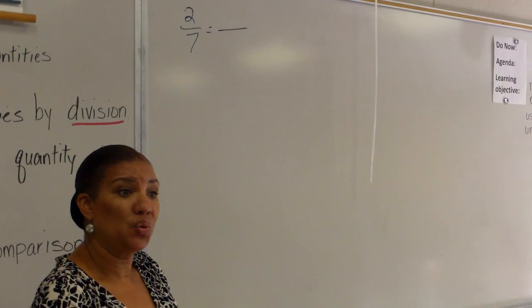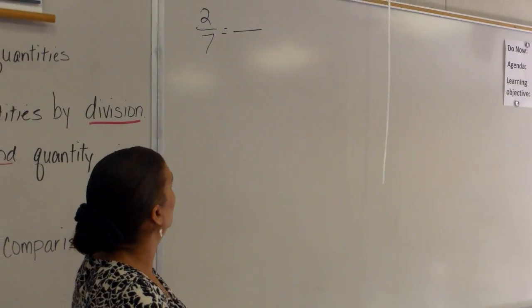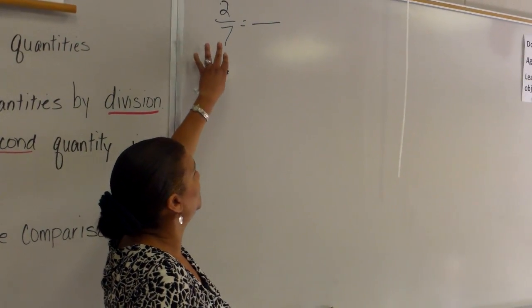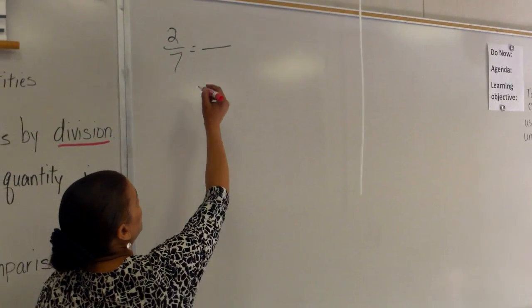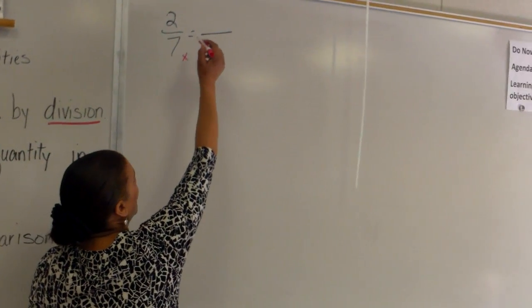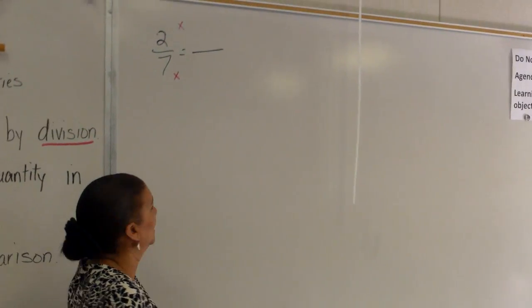That's how we find an equivalent ratio. So how do I do that? I want to find the equivalent ratio of boys to girls, 2 to 7.